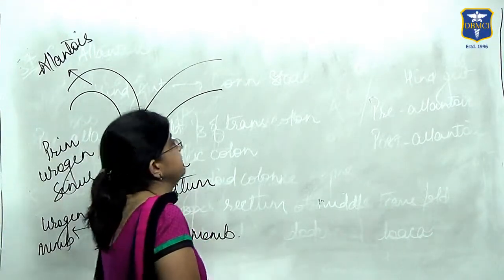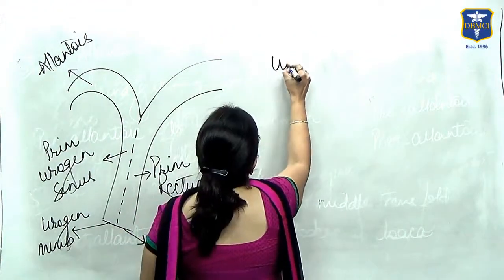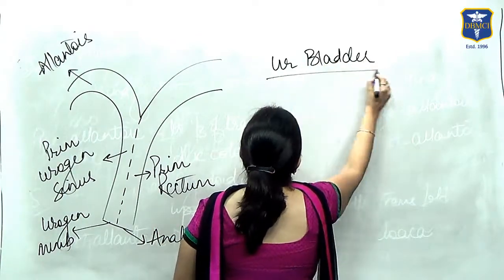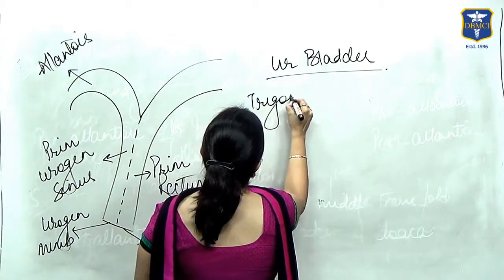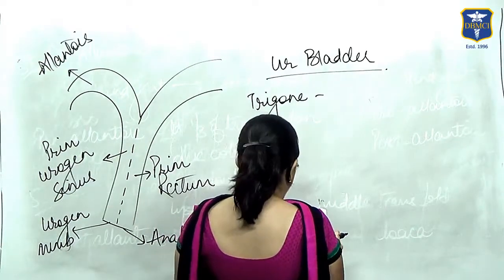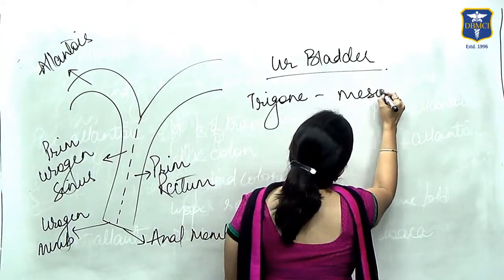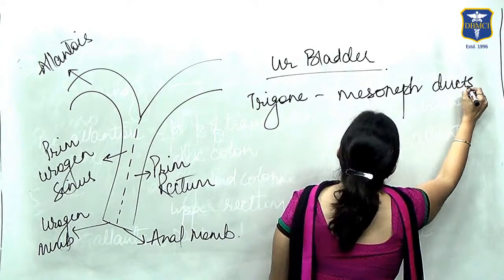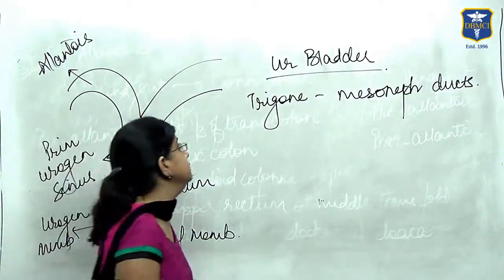Let us see the development of the urinary bladder. The trigone of the bladder develops from the mesoderm by incorporation of the mesonephric ducts. By the absorption of the mesonephric ducts, the trigone of the bladder is formed.